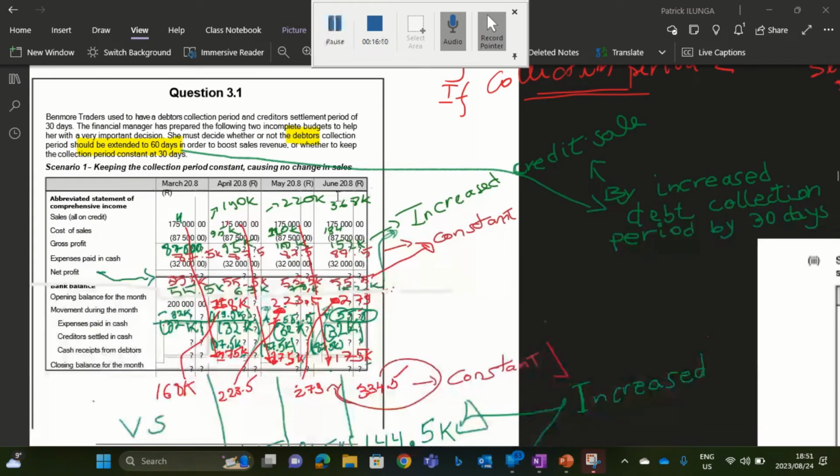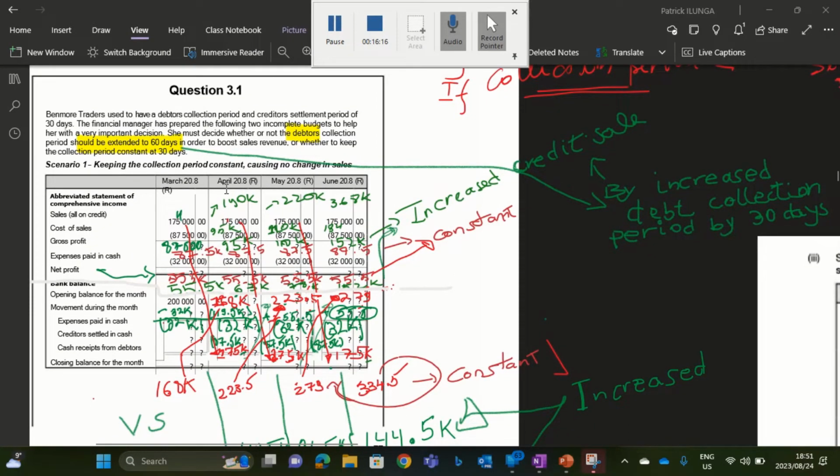And this example here deals exactly with that. So with Ben Moore traders, you have this discussion of either extending the data collection period to 60 days or keeping it to 30 days.